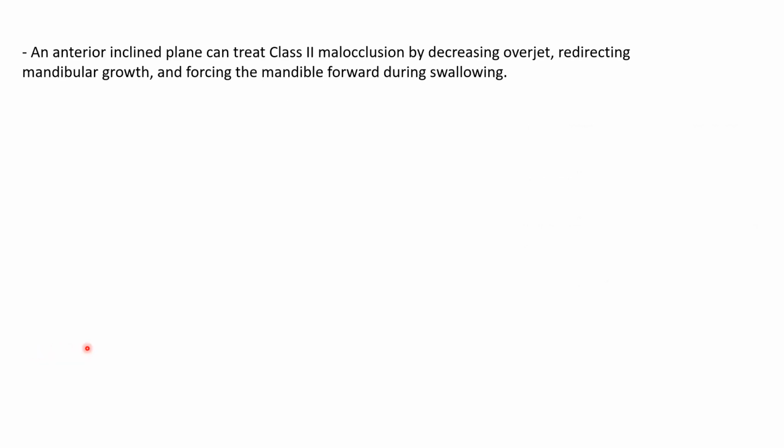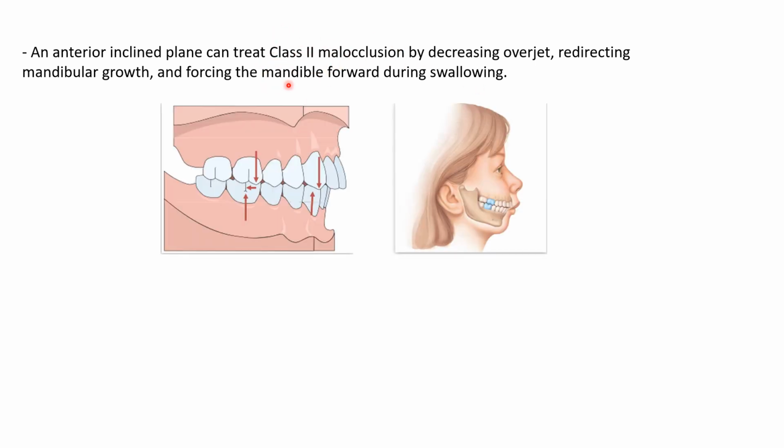An anterior inclined plane can treat class 2 malocclusion by decreasing the overjet, redirecting the mandibular growth, and forcing the mandible forward during swallowing. So before that, you should know what class 2 malocclusion is. Normally, the mandibular mesial cusp should lie in between the first molar and the second premolar.